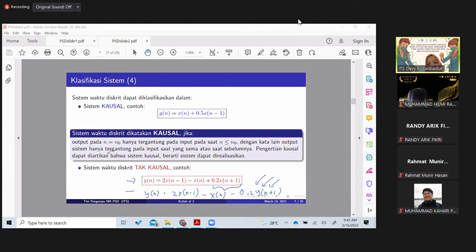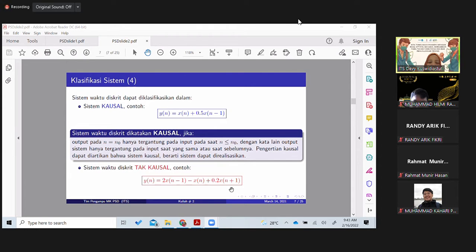This is impossible. That's why for a causal system, we can only depend on the input at a certain time n, or equal to n0, not depend on something in the future, because there is uncertainty that we have to calculate, and we cannot predict what happens in the future.